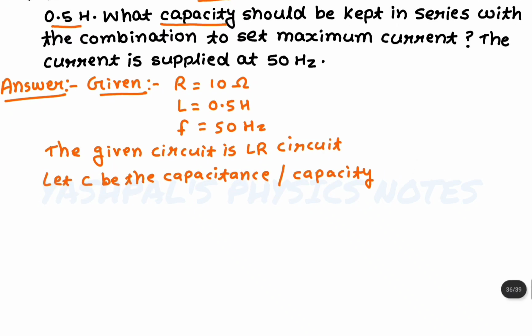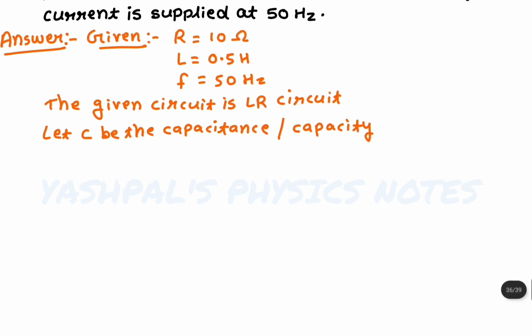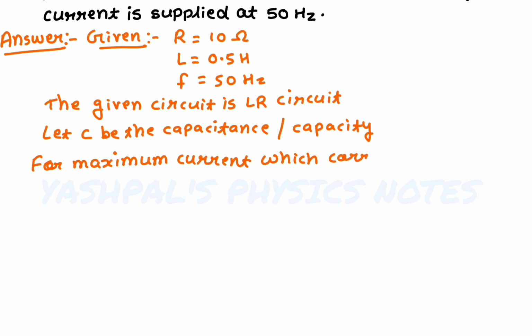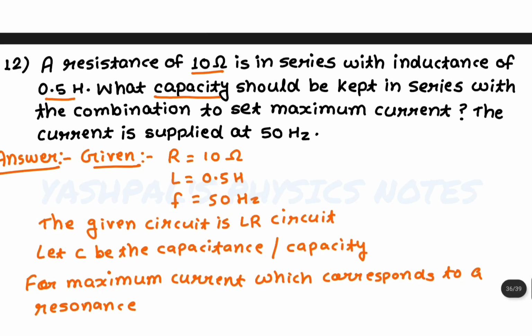Now we know that for maximum current, which corresponds to a resonance, we have one identity that we have studied in this unit. Let's read the question once again.